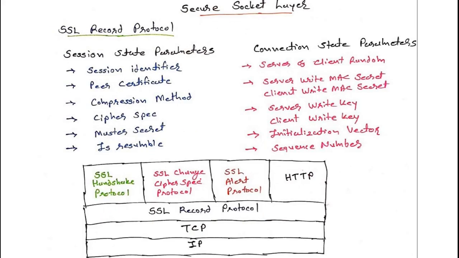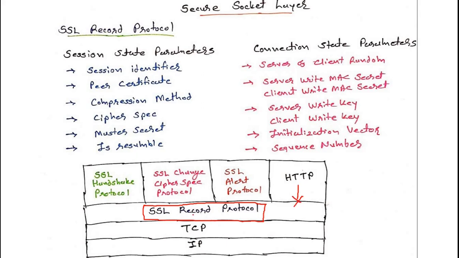So these are all the protocols in sequence. First one is the SSL record protocol, then the SSL handshake protocol, the SSL change cipher spec protocol, and then the SSL alert protocol. Where is the SSL record protocol actually located? The SSL record protocol is located above the TCP and below the HTTP.